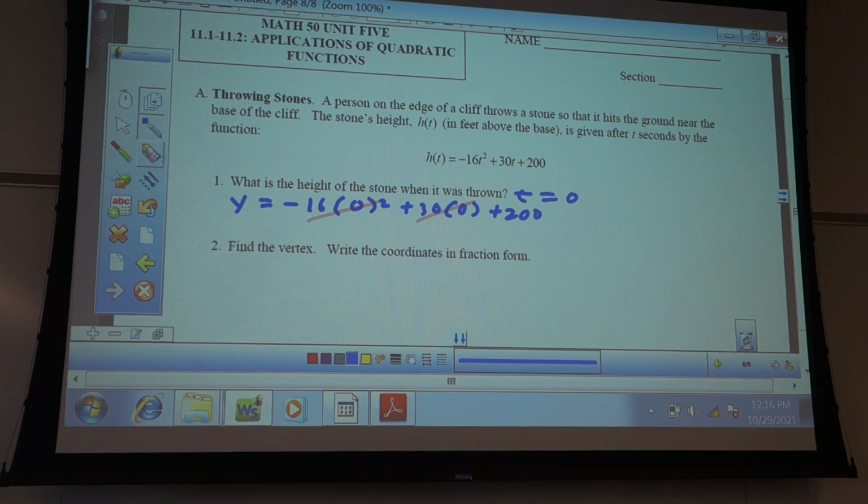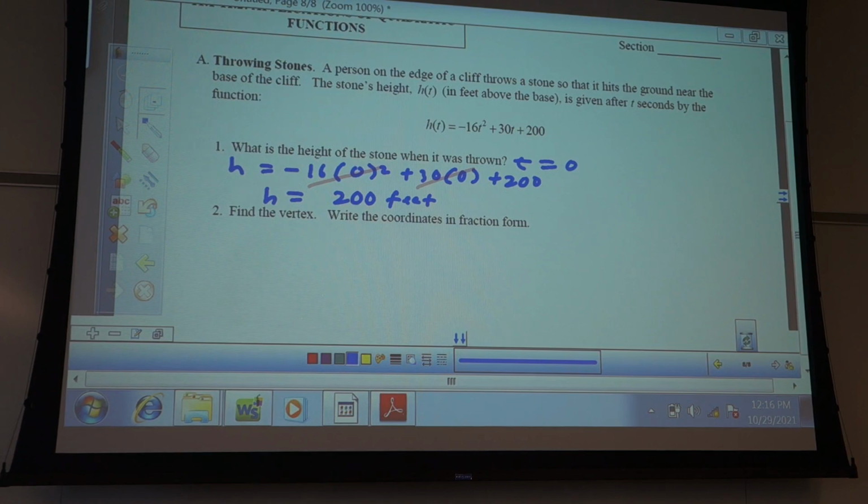My height, we'll call it h, will be 200 feet. Everything goes away except for the 200, because anything that has a t in it, that's multiplied by t, will go away.